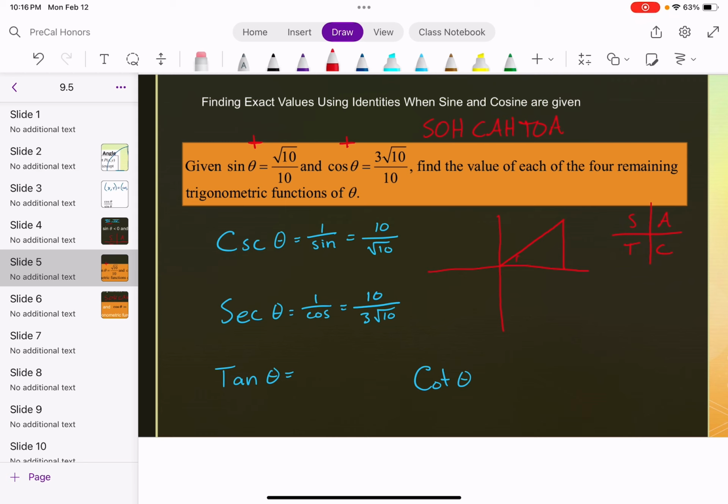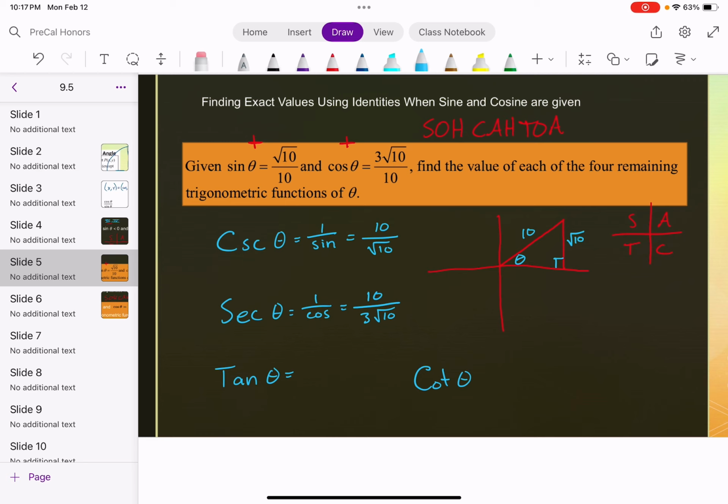We know theta is going to be in this corner right here. We know that sine of theta is square root of 10 over 10. So our opposite is square root of 10 and our hypotenuse, or our radius, is going to be 10.